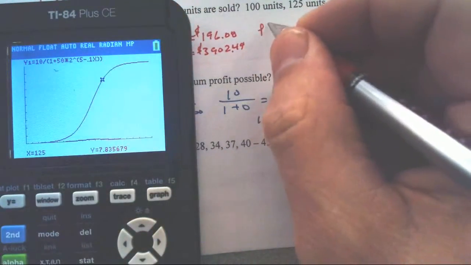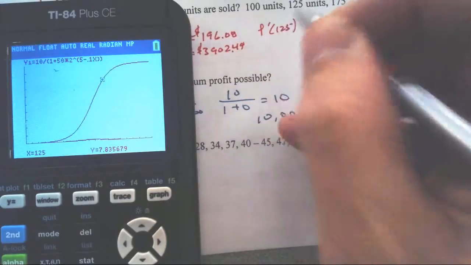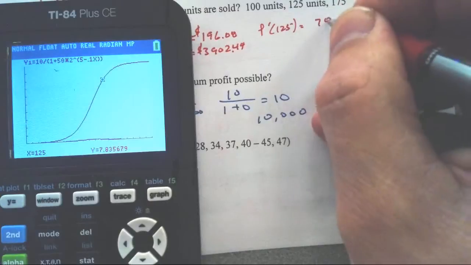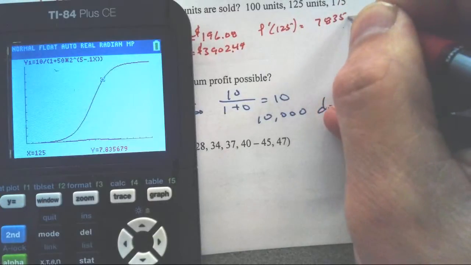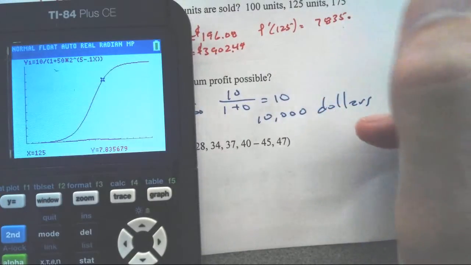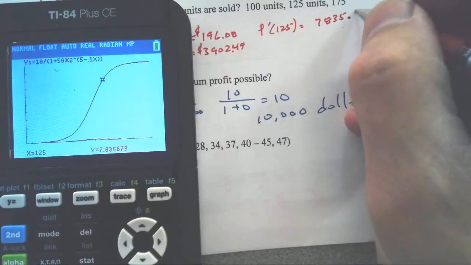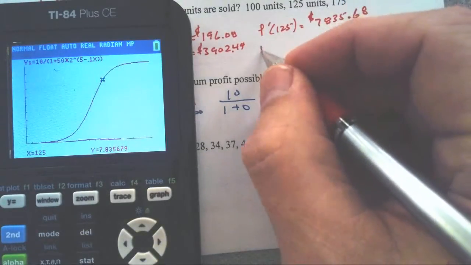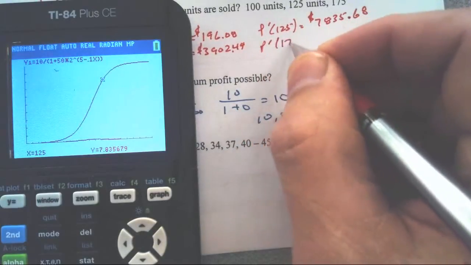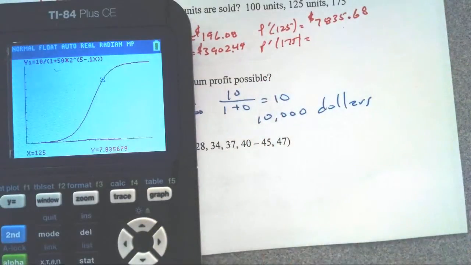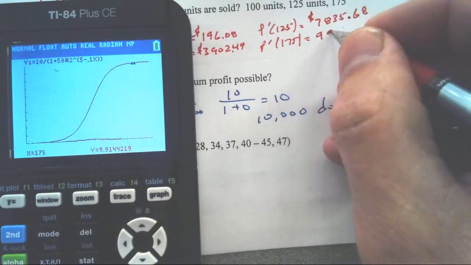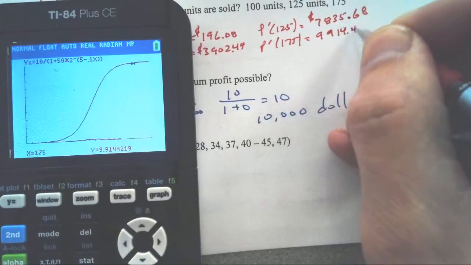So P prime of 125, move the decimal 3 places, I get $7,835.68 dollars, and P prime of 175, so 175 in the calculator, and we've done all the heavy lifting here, is $9,914.42.